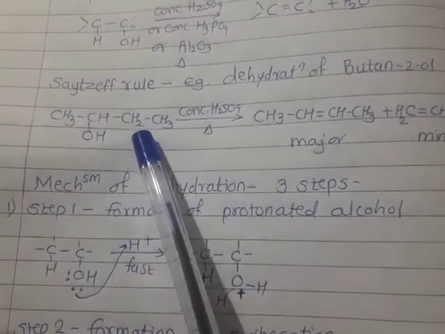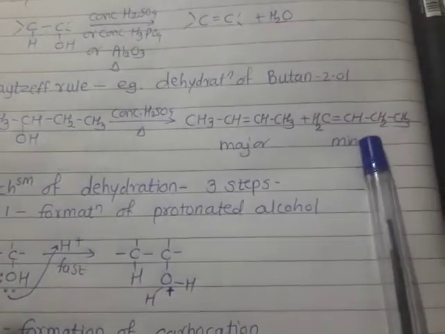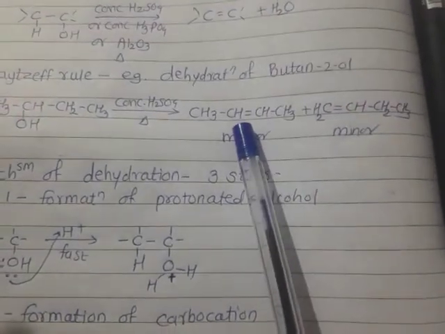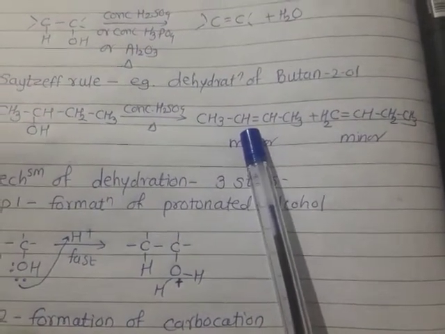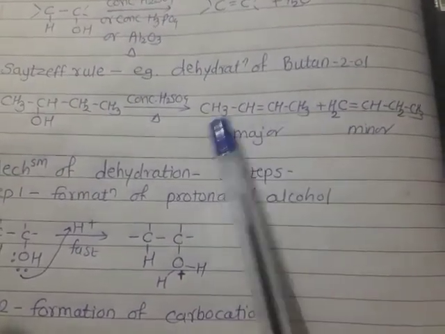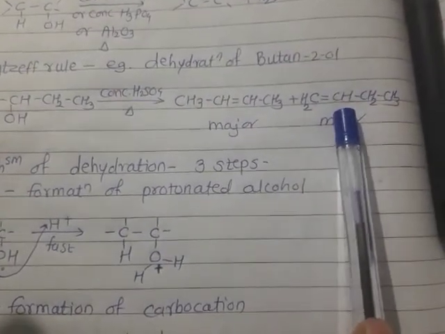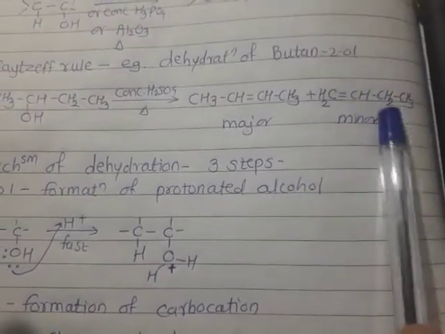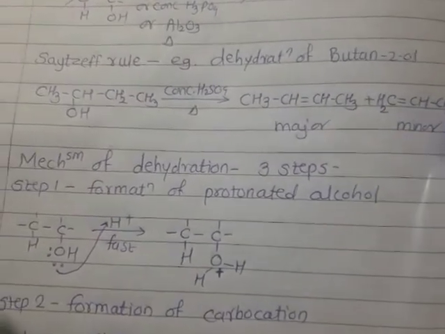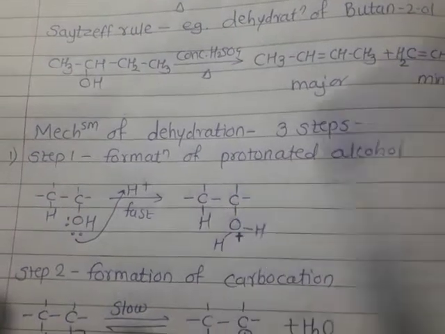As per the rule, hydrogen should be removed from the carbon having fewer hydrogens, or that alkene is major which has more alkyl groups attached to the doubly bonded carbon. So 2-butene is major because there are 2 alkyl groups attached to the doubly bonded carbons. 1-butene is minor because it has only 1 alkyl group attached to the doubly bonded carbon. So the major product is in accordance with Saytzeff's rule.